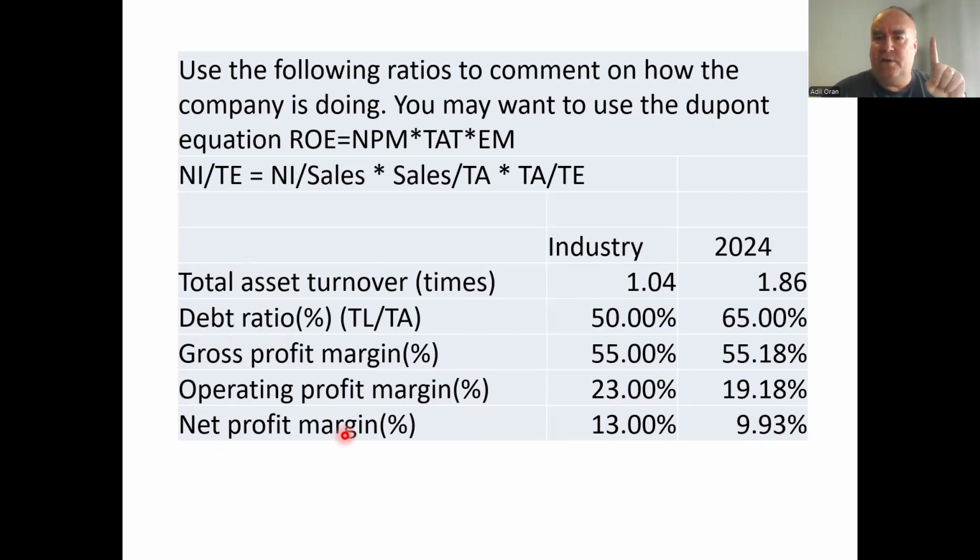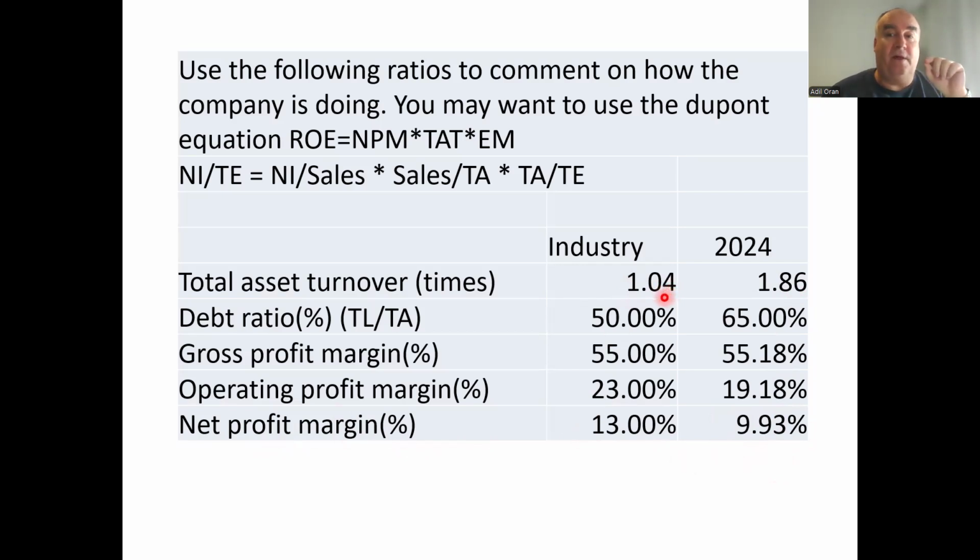Net profit margin multiplied by total asset turnover gives us the return on assets for this company. So net profit margin for the company, 9.93, just slightly less than 10%, multiplied by total asset turnover will give you the ROA for the company, and 13% multiplied by 1.04 will give you the return on assets for the industry.